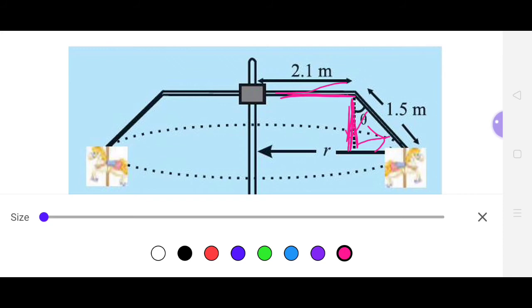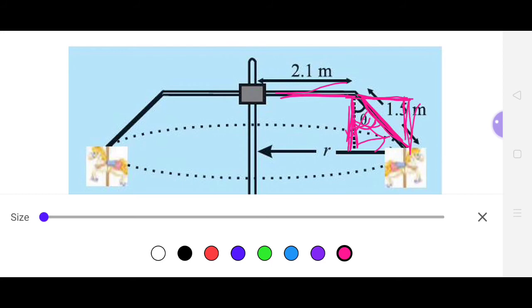So at a particular instant, this second rod goes to this position, and this is the angle which is given as 37 degree. So if we want to calculate the original radius of circle, we have to consider this much length like this here.